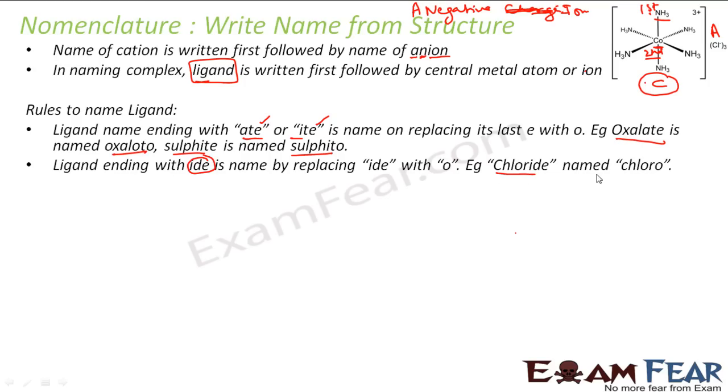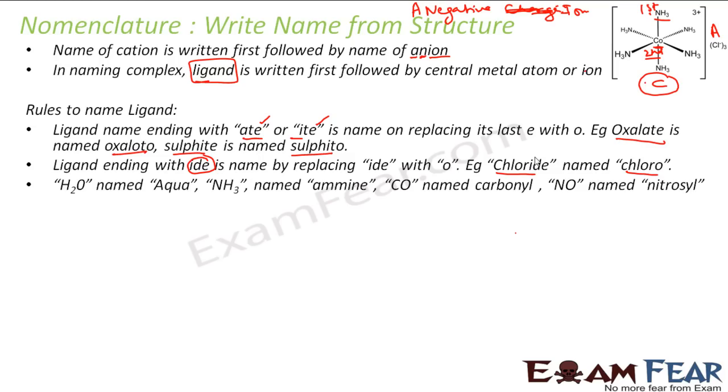For example, chloride becomes chloro. Sometimes people write chlorido also, but chloro is a common term. If there is a water molecule here, we write aqua for this. If there is an ammonia molecule here, we write ammine for this. If it is a CO molecule, we write carbonyl. If it is NO, we use nitrosyl. These terms are used. Please pay attention here.